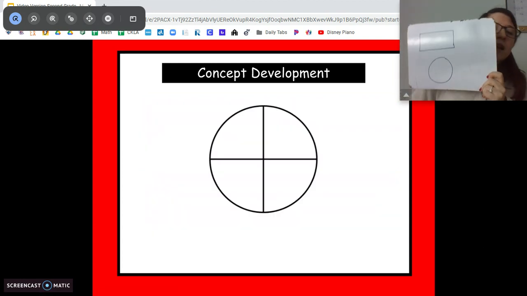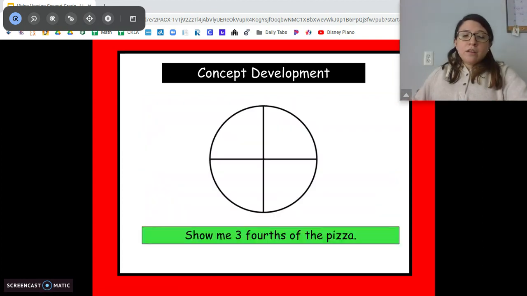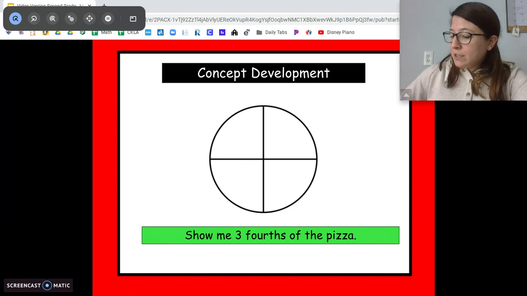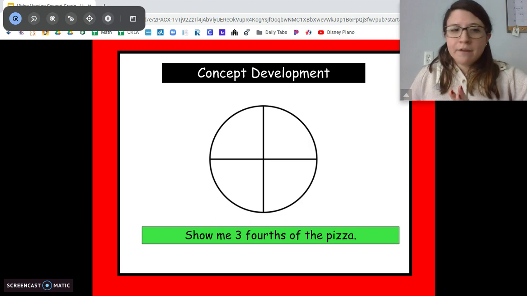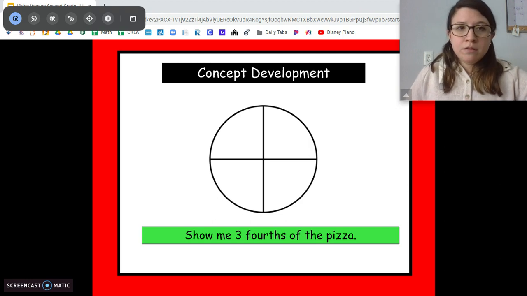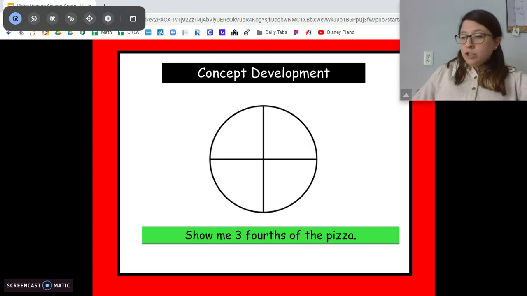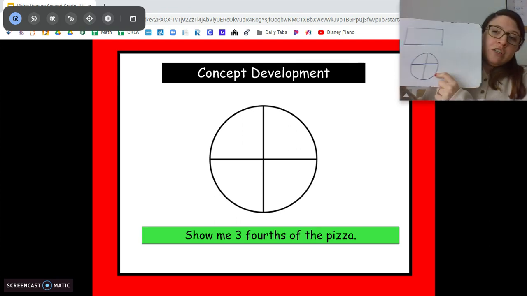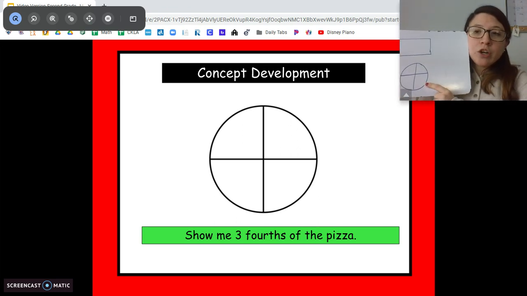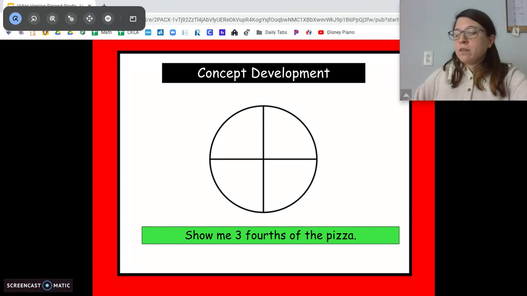All right, here we go. I would love you to draw a circle and partition it into fourths. Remember, pause the video if you need more time to do this. Okay, once your pizza is partitioned into fourths, I want you to color 3/4 of the pizza. Color in 3/4 of the pizza.